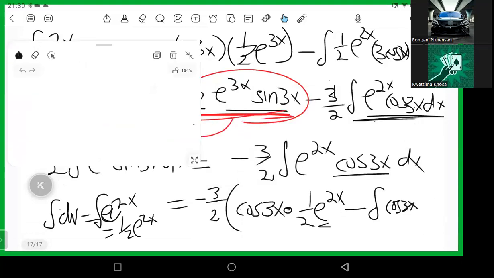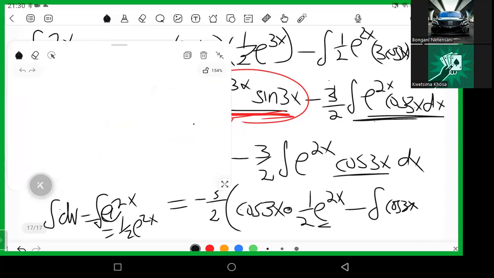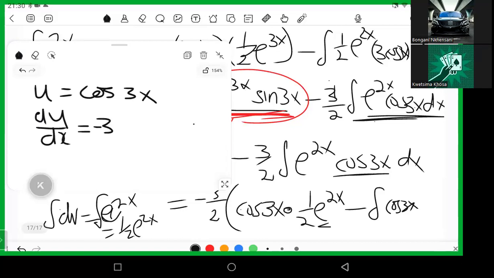Now we'll look for the derivative of u. We know that our u is cosine of 3x, then du over dx is minus 3 sine of 3x.